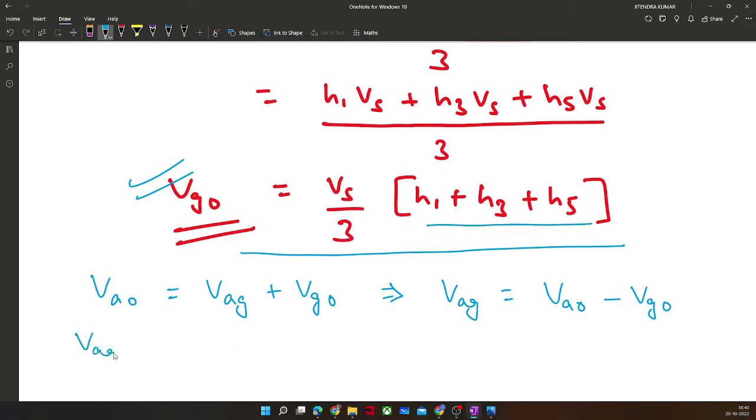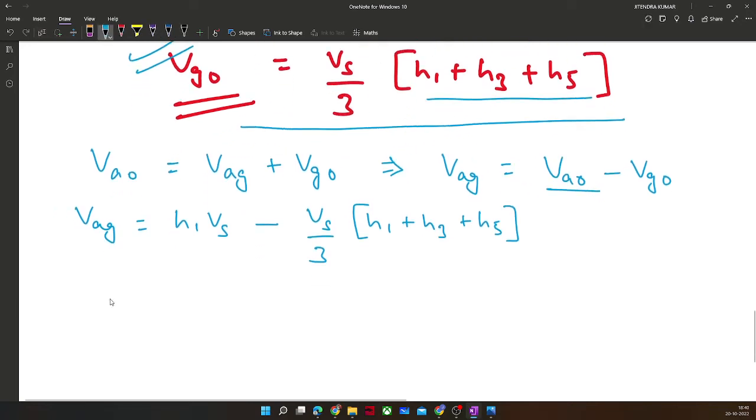So we will get VAG is equal to VA0, which was nothing but H1 VS minus VG0, and VG0 is VS by 3 times H1 plus H3 plus H5. After doing this jugglery, we will write simply VAG as VS by 3 times 2H1 minus H3 minus H5, right?